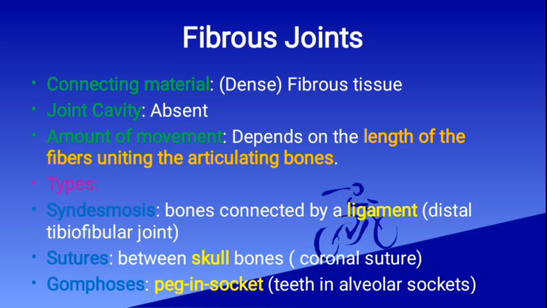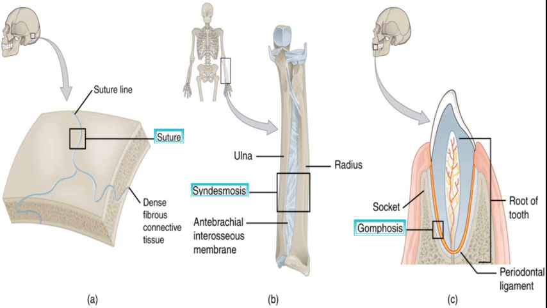Then we have sutures. You can find them between the skull bones, like the coronal suture and the lambdoid suture. And then we have gomphoses, which is peg in socket, like the teeth in the alveolar socket. So three types of fibrous joints: syndesmosis, sutures, and gomphoses. You can see the image here: sutures, syndesmosis, and then gomphoses.